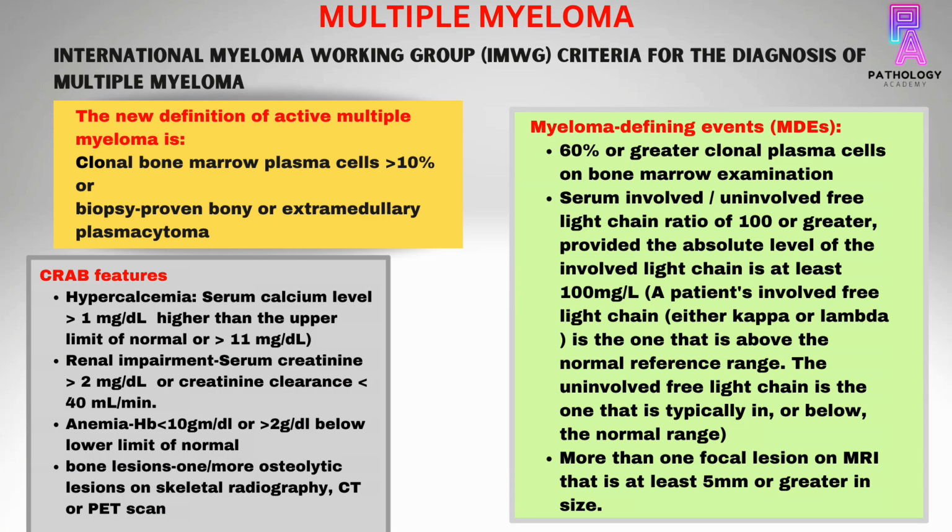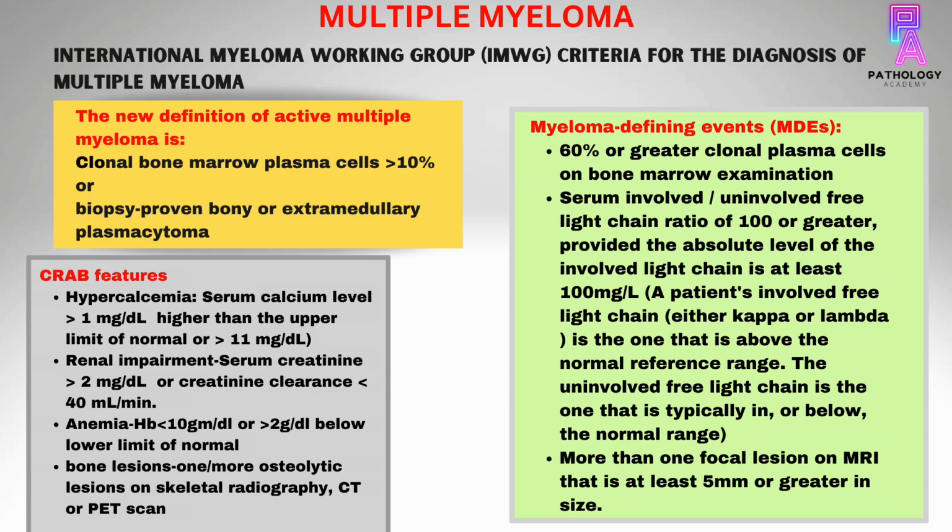According to the International Myeloma Working Group, the criteria for diagnosis of multiple myeloma include clonal bone marrow plasma cells more than 10% or biopsy proven bony or extramedullary plasmacytoma, and any one or more of the CRAB features and myeloma defining events.